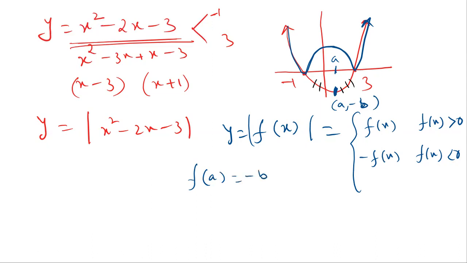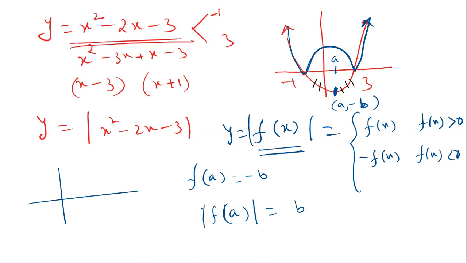But since you are putting mod, f of a will become b. That means if you put mod, you will get the output as b, so you will get b here somewhere. That is why this graph changes.